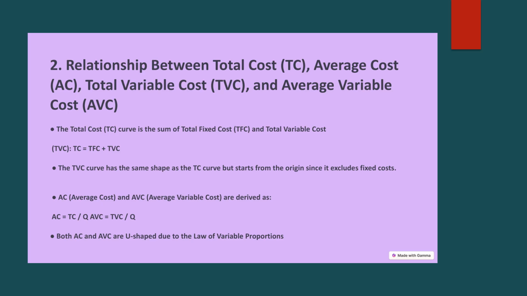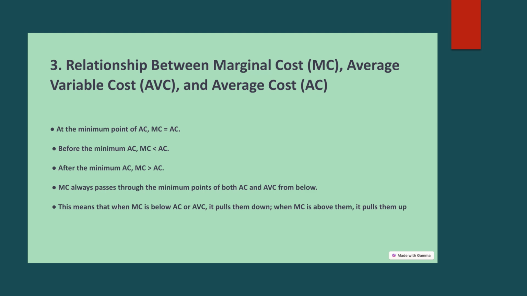Both average cost and average variable cost are U-shaped due to the law of variable proportions. Here is their relationship. At the minimum point of average cost, marginal cost equals average cost.